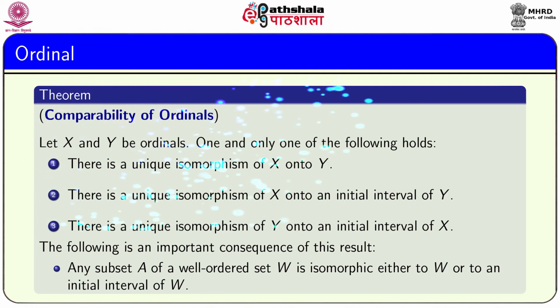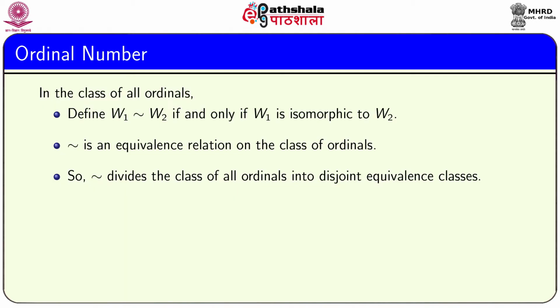The following is an important consequence of this result. It says that any subset A of a well ordered set W is isomorphic either to W or to an initial interval of W. In the class of all ordinals, we define a relation that W1 relates to W2 if and only if W1 is isomorphic to W2.